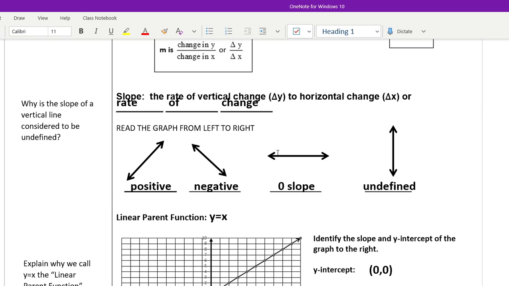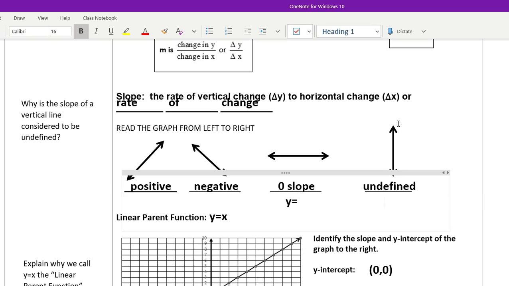When it is a horizontal line, this will be the 0 slope. Now these lines are in the form of y equals some value, depending on where the y-intercept is.